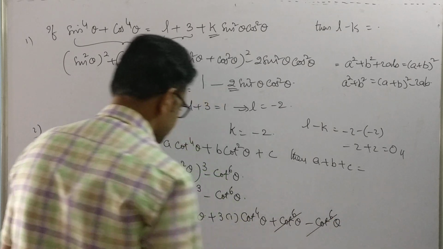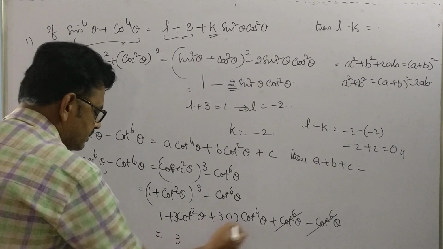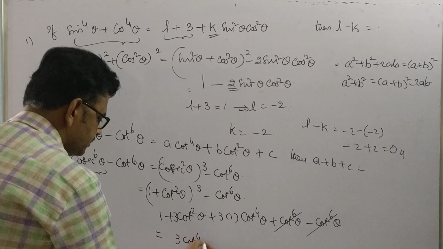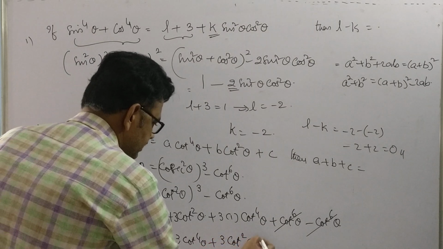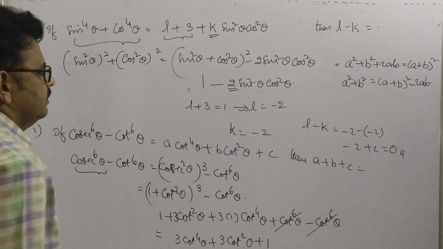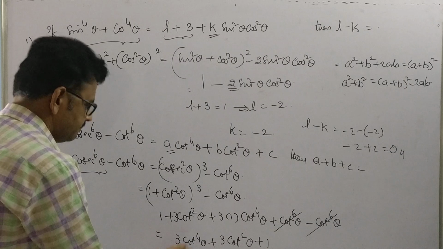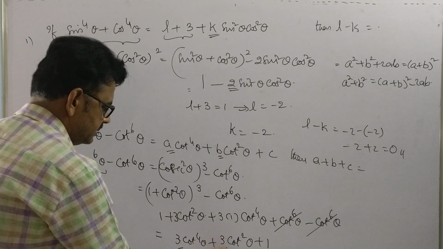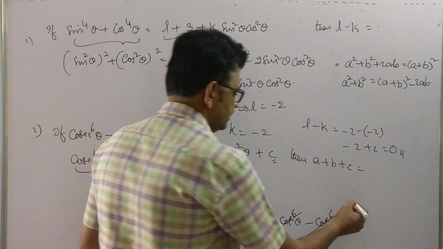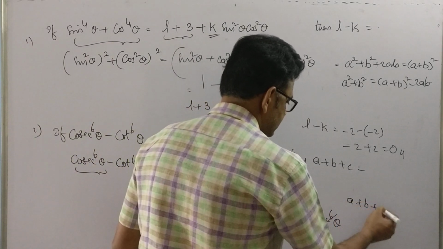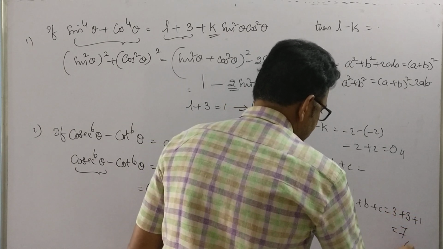So these two get cancelled. That is equal to 3 cot power 4 theta plus 3 cot square theta plus 1. So A is equal to 3, B is equal to 3, C is equal to 1. So A plus B plus C is equal to 3 plus 3 plus 1, that is 7.